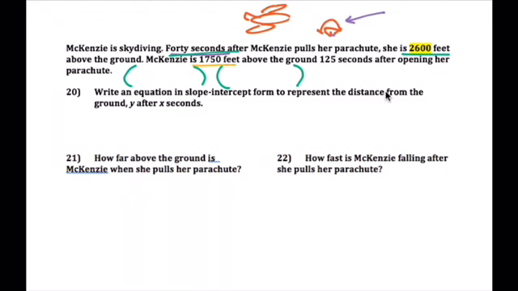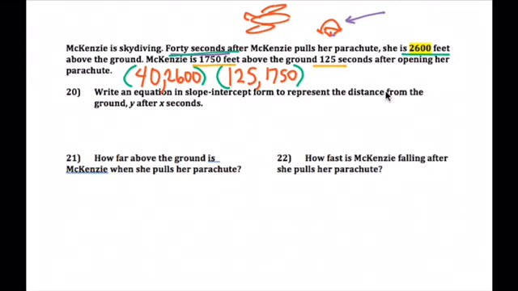Now remember, we have to know which one is the independent variable and which one's the dependent variable. The independent variable is going to be the time. We've talked about before why that's so. So at 40 seconds, she's at 2,600 feet. And at 125 seconds, she's at 1,750 feet.